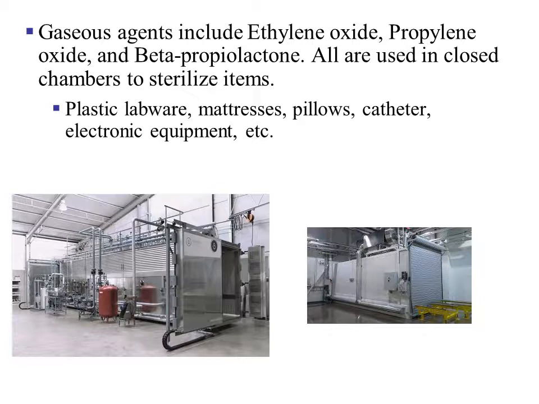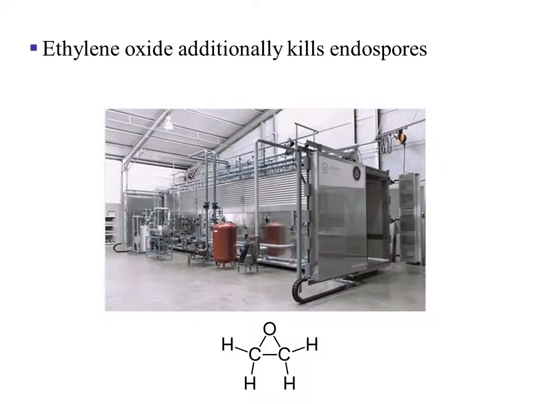All are used in closed chambers to sterilize items such as plastic labware, mattresses, pillows, catheters, and so on. In this image below, you see a chamber that can be closed, and then these gaseous agents can be used. Ethylene oxide additionally can kill endospores.